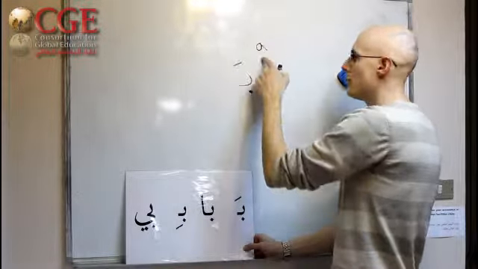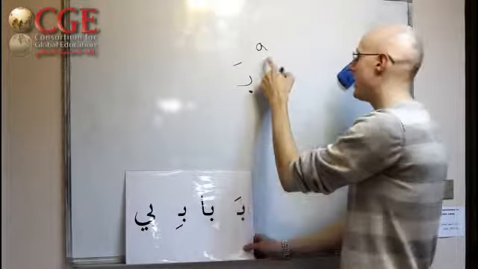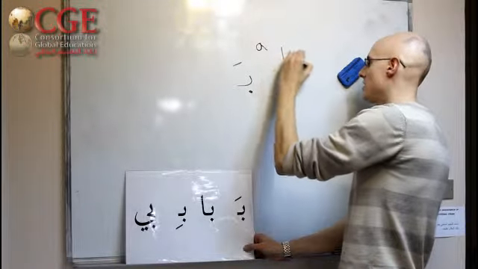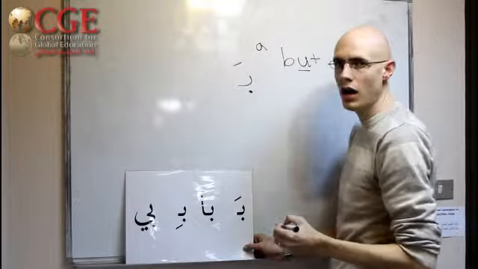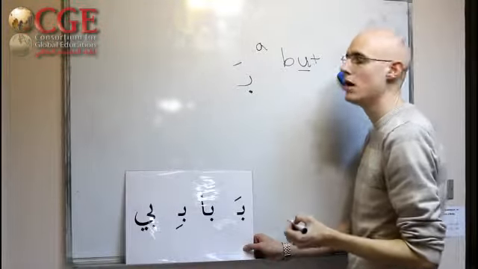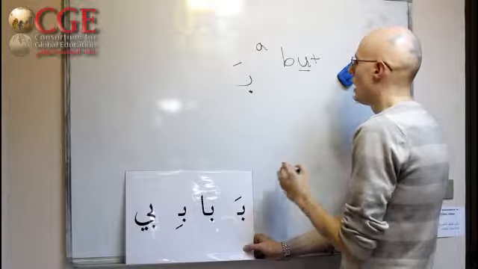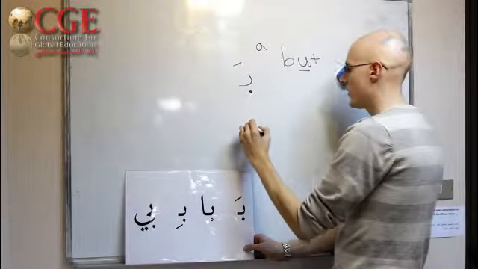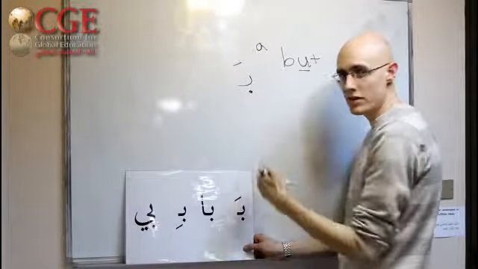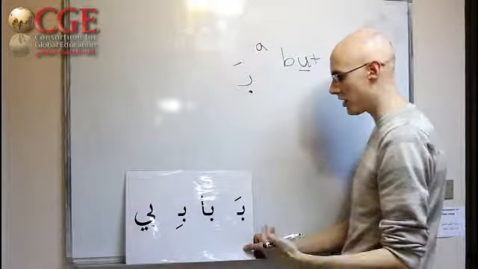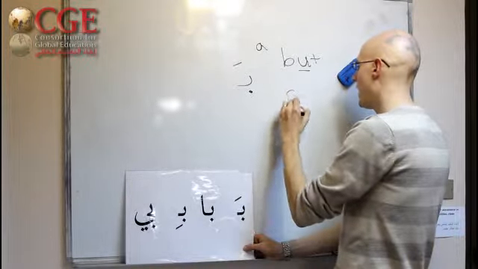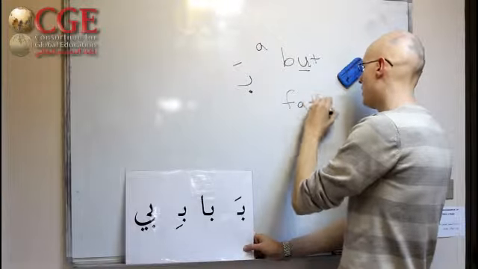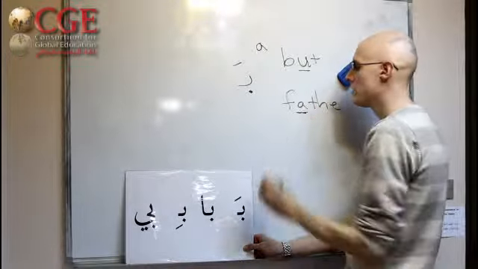Now, even though most people transliterate it as an A, most of the time it actually sounds like a U, like in but. Ba. However, depending on the consonant, for instance, if you have a guttural or a velar consonant, often it'll make an A as in father.